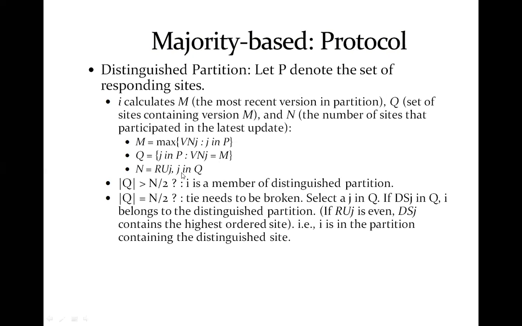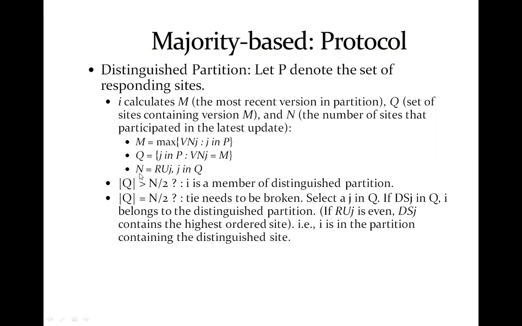Now, how will it decide? Once it has done the calculation, how will it decide? First of all, we have to check the cardinality of Q. Cardinality means the total number of elements present in the set Q. It may be 1, 2, or 3. And we try to find out whether it is greater than N by 2.